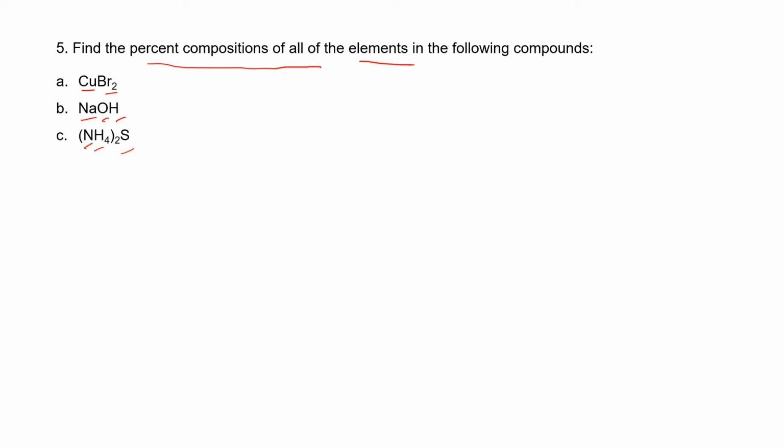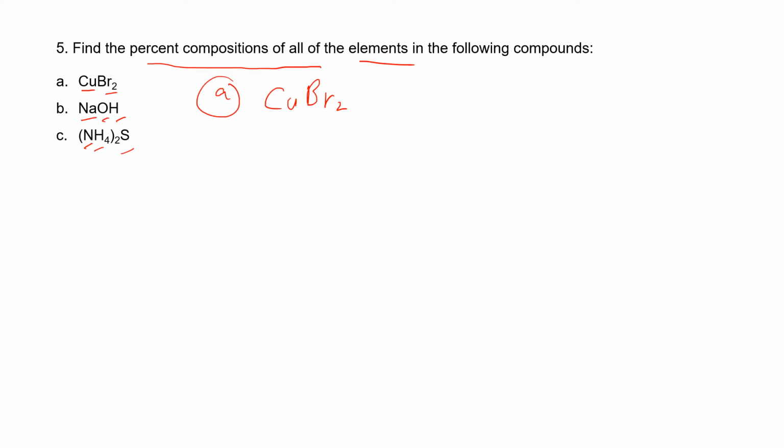Okay, so we look at A first. So you have CuBr2. Okay, so Cu refers to copper, Br refers to bromine. So the first step, you have to calculate the molar mass for CuBr2. Okay, molar mass.